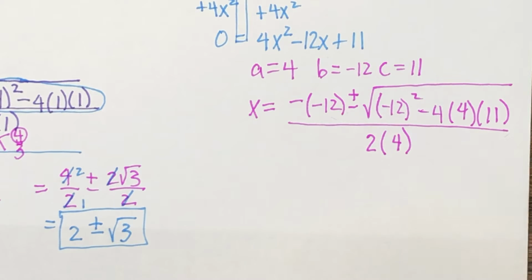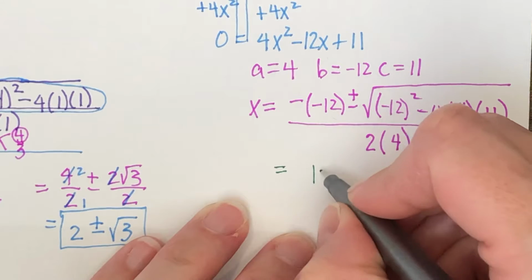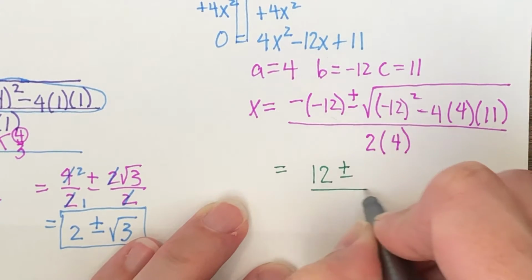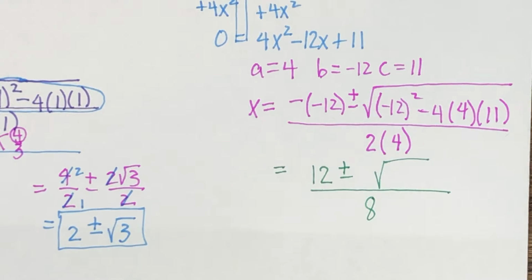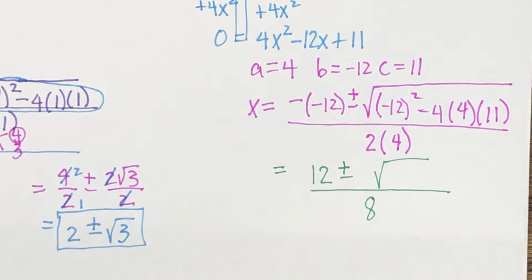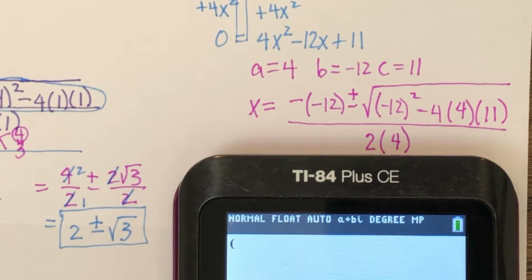Okay, once you have that written down, you're going to go through and clean it up, calculate the value under the radical. So this is going to become the opposite of negative 12 will be 12 plus or minus something over 8. And I've got to figure out what that value under that radical is. Okay, so in your calculator, plug in what's under the radical, not including the radical. So I have parenthesis negative 12 squared.